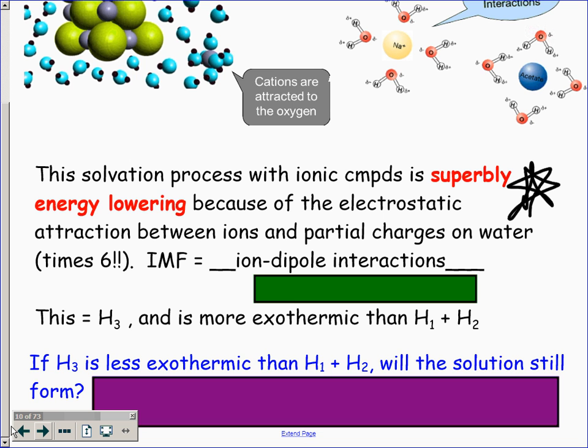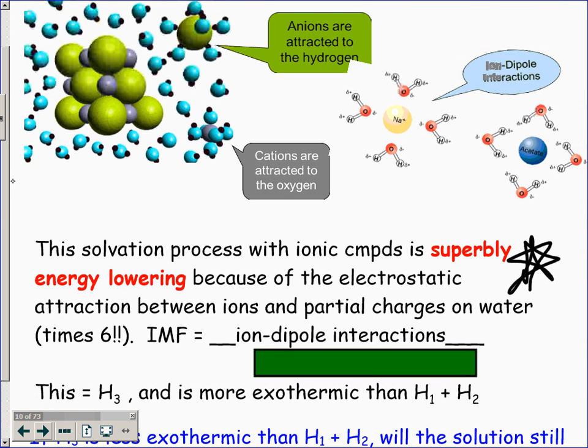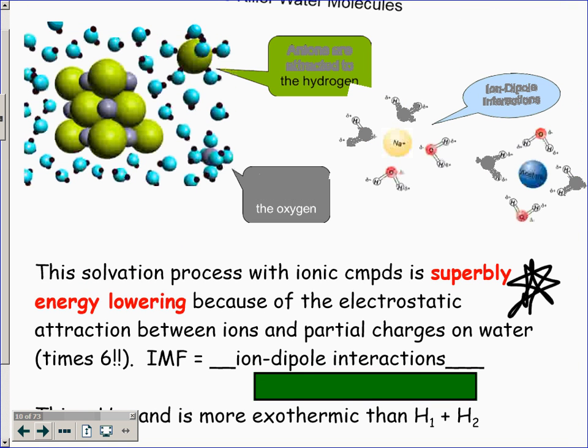And this is happening 6 times: 1, 2, 3, 4, 5, 6. There's 6 water molecules around each ion. Because of that 6-fold increase in attraction, that's really the reason why it's very stabilizing. So you should know that most of the time each of the ions are hydrated 6 times, meaning surrounded by 6 water molecules.